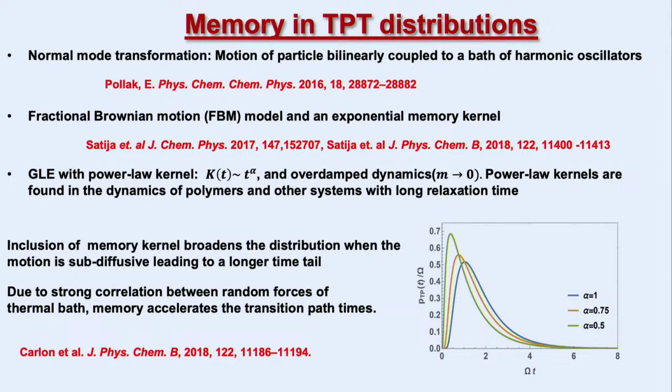Now, what was observed is that the inclusion of memory broadens the distribution when the motion is subdiffusive, that is, alpha is less than 1, and gives rise to a long tail distribution. And due to the strong correlation between the random forces of the thermal bath, the memory accelerates the transition path time.